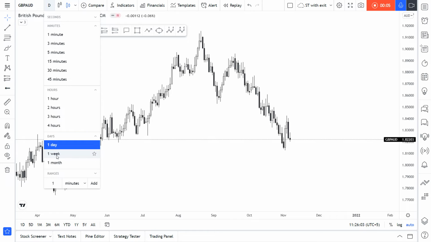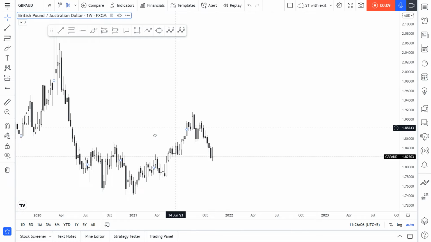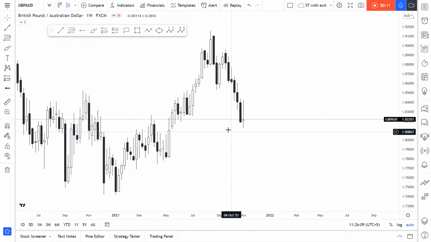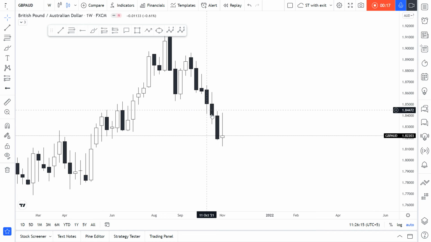Let's make a review of some minor forex pairs for this week. Looking at the GBPAUD on the weekly time frame, we can see that we are still in the corrective phase. Looking at the recent 1 to 3 weeks, the momentum was very bearish.